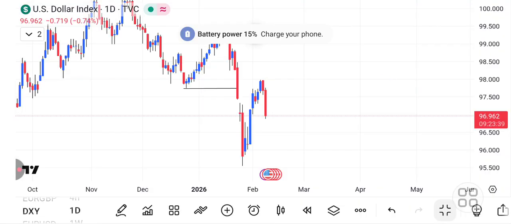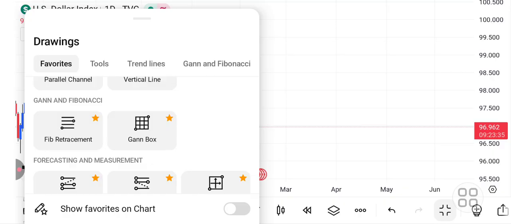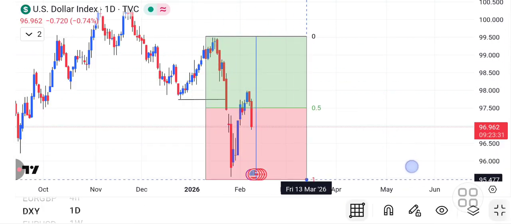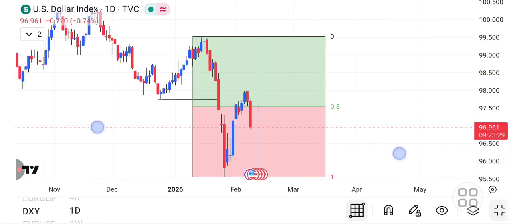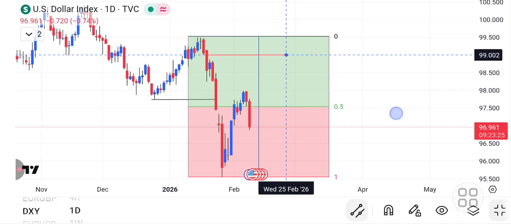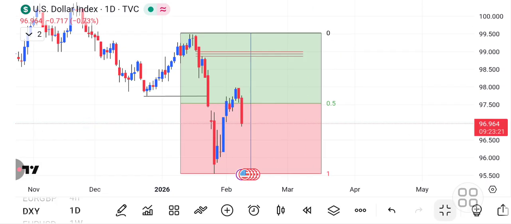After getting that breakout structure, I looked at price and measured my premium and discount. In my premium, I saw that I had this fair value gap right here, but it was too far. Although if you want to sell, you have to sell from the premium, and if you want to buy, you have to buy from the discount.